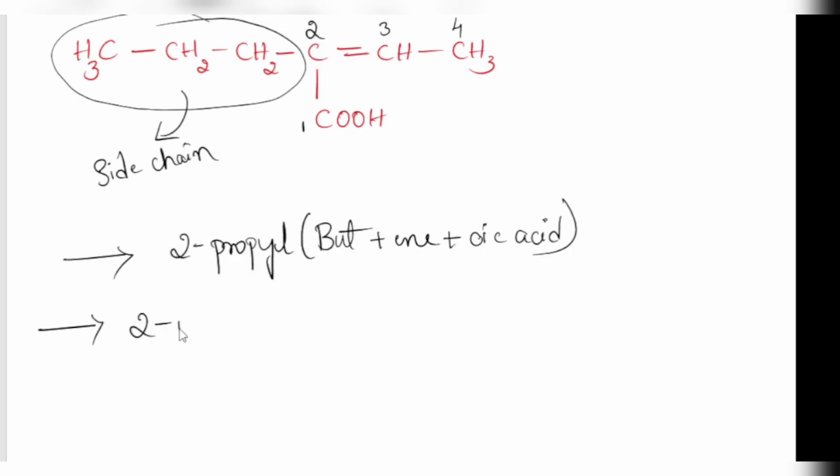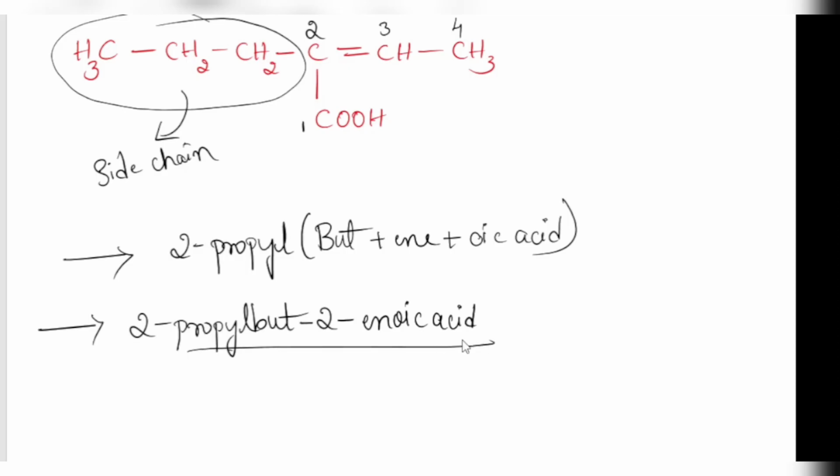Here I will try to write the IUPAC name, that is 2-propyl. There should be no space between. This is but. Ene is there. We have to write the position, correct? It is present in the second position of carbon because we have to take the lowest number, not 3. Elision of E has to be followed here also, and oic acid.